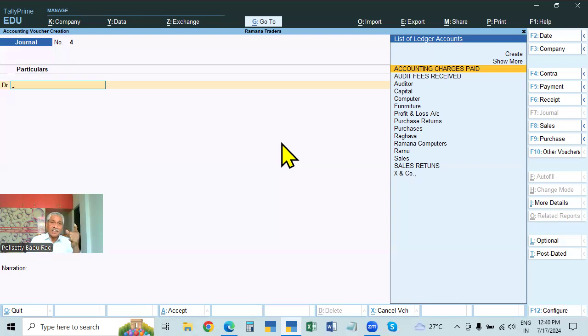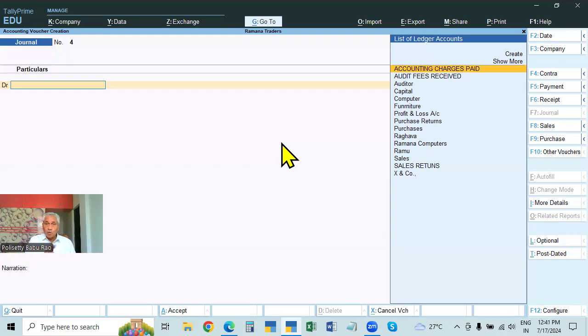When you are showing the expenses on the debit side of the profit and loss account, the expense account balances are transferred to the profit and loss account. All the expenses show debit balances, so the expense accounts have to be credited and the profit and loss account will be debited. Individual expense accounts are credited for their amounts and the total amount is debited to the profit and loss account.